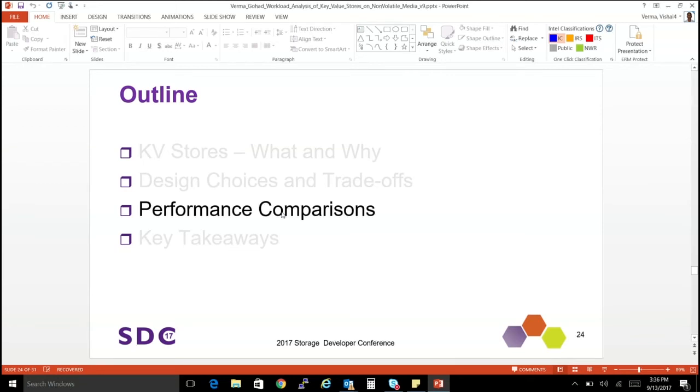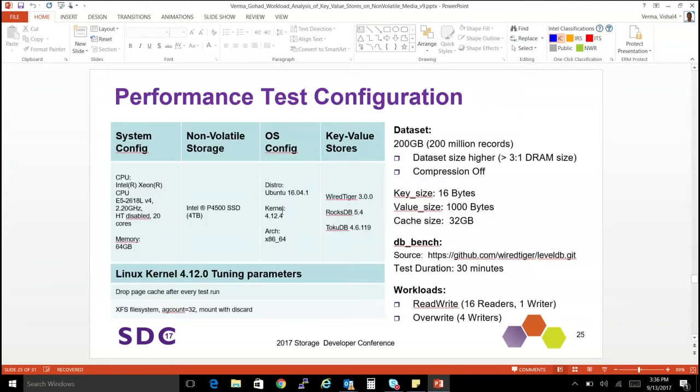So performance comparisons, that's what we're going to look at. We discussed all these 3 different data stores one by one, and now how do they compare against each other. So again, this is based on a non-volatile media, P4500 SSD.